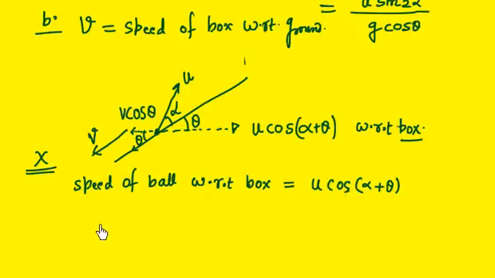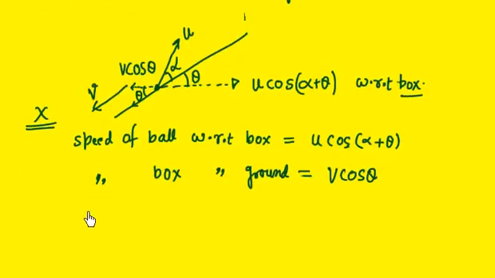And the speed of the box with respect to ground, in the x direction, is v cos theta.